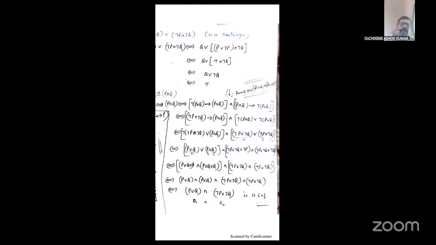P is negation P union Q and Q is P intersection Q. If you apply the above formula, it will become negation P union Q implies P intersection Q, intersection P intersection Q implies negation P union Q. The formula is P implies Q intersection Q implies P. So in the place of P here we have negation P union Q, and in the place of Q here we have P intersection Q.